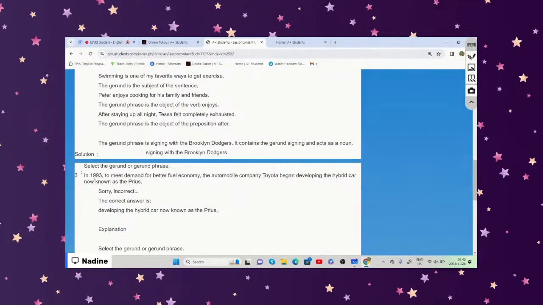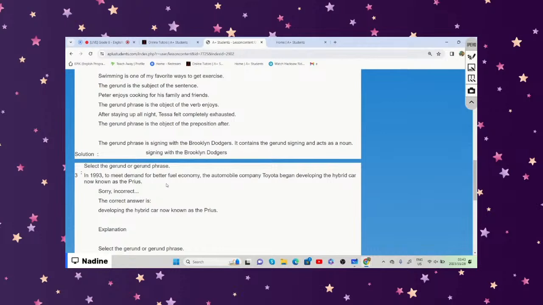In 1993, to meet demand for better fuel economy, the automobile company Toyota began developing the hybrid car now known as the, is it Prius or Prius? So in 1993, to meet demands for better fuel economy, the automobile company Toyota began developing the hybrid car, now known as the Prius.